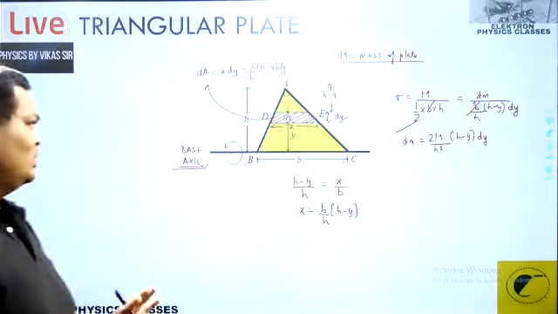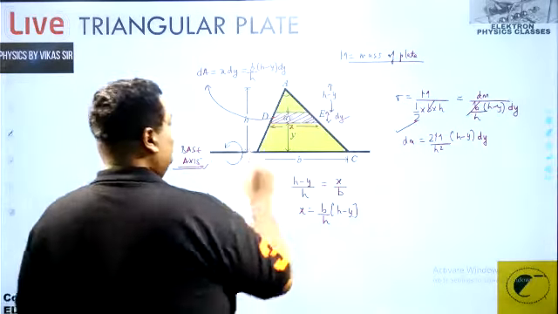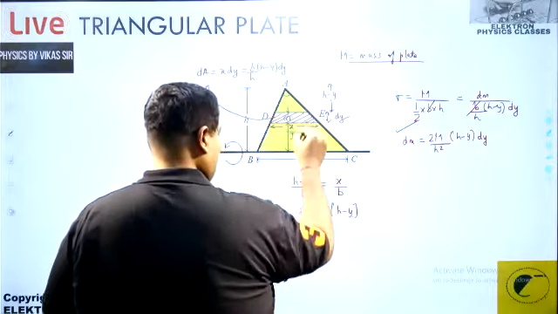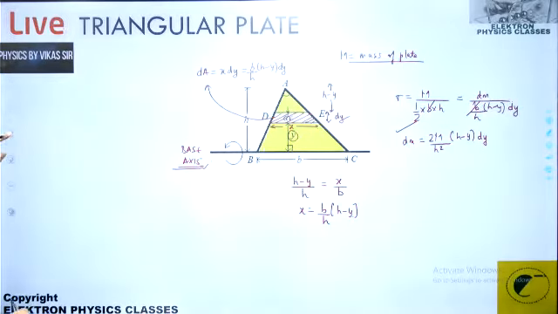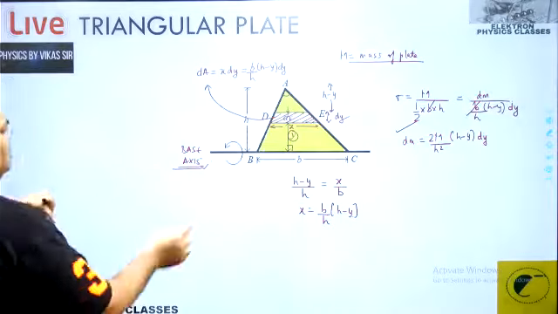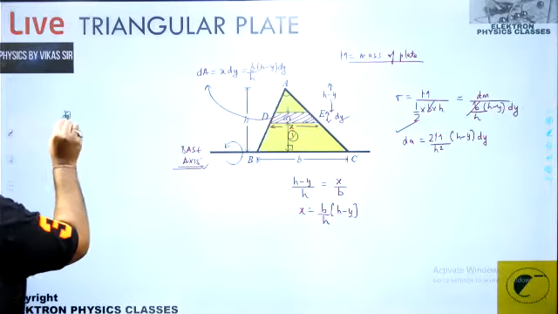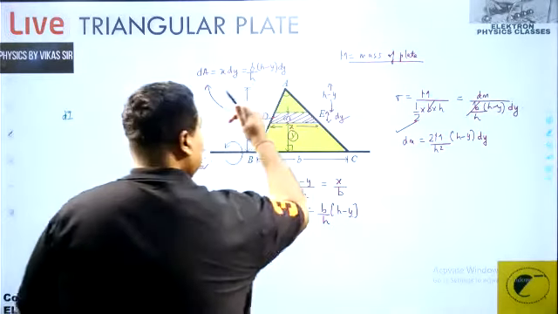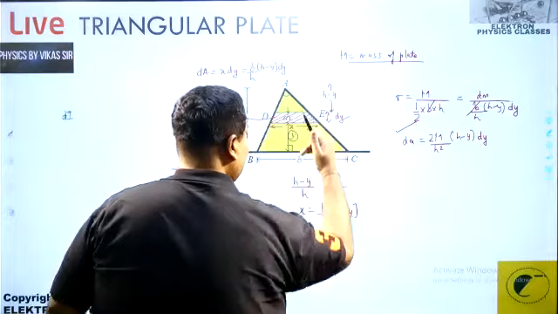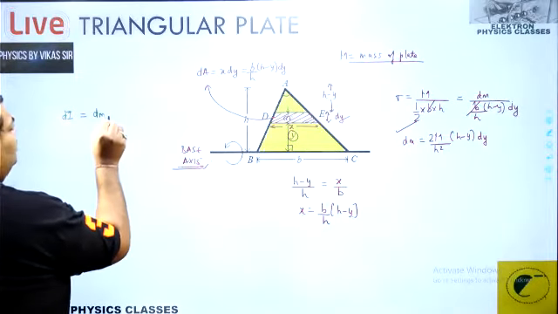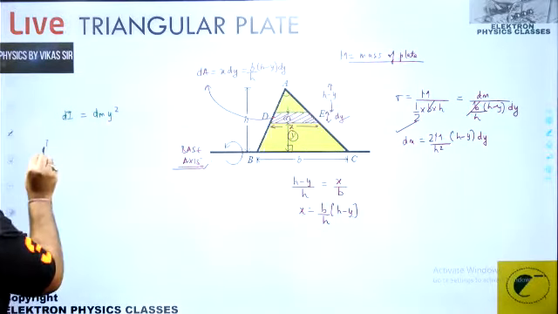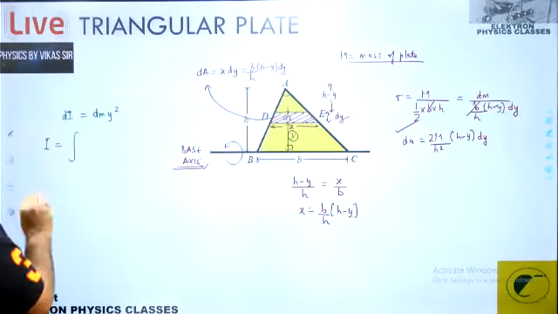Once it is done, the perpendicular distance of this strip from this axis is how much? y. So I can write up the moment of inertia for this. All the particles of the strip are at a distance of y from here, so that's simply dm into y square. The overall moment of inertia will be by integrating this function.